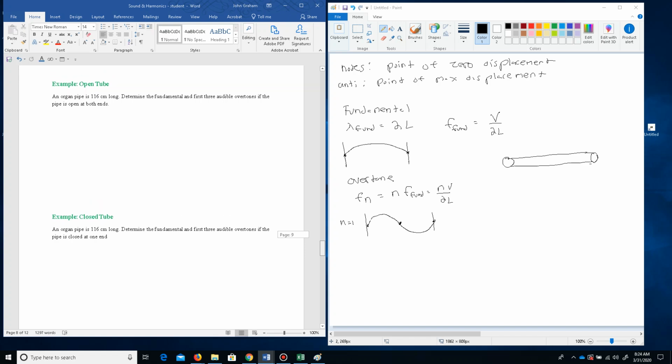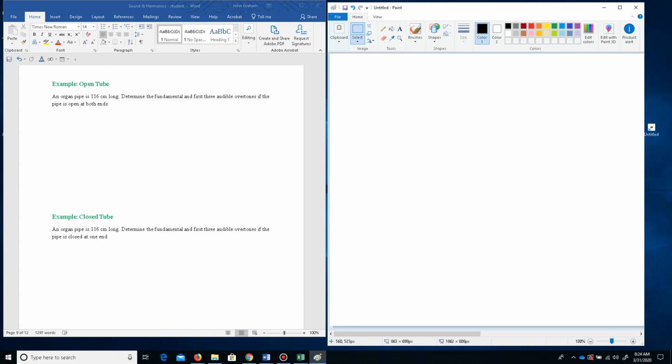Alright, so let's do a couple examples. We have an organ pipe that is 116 centimeters long.